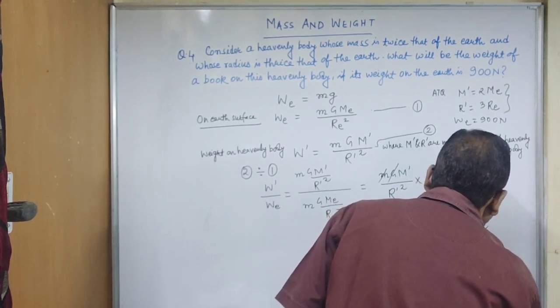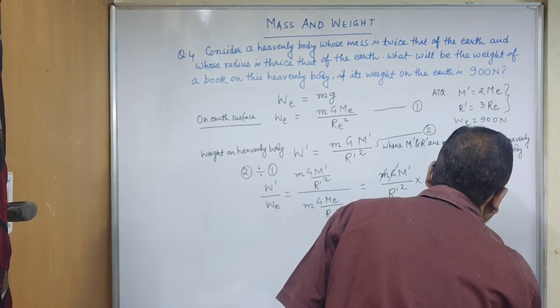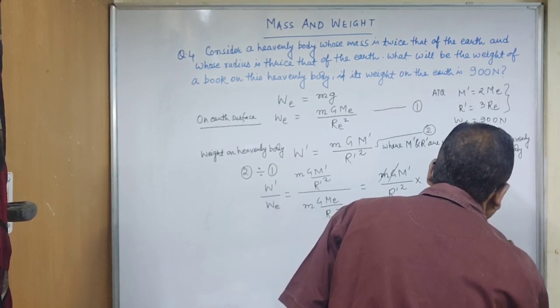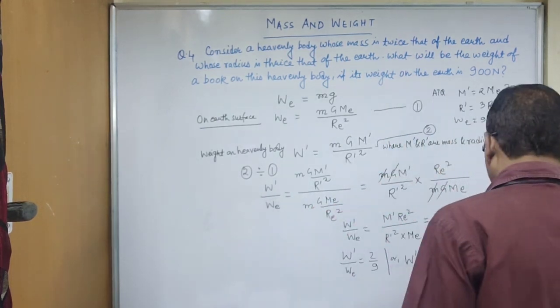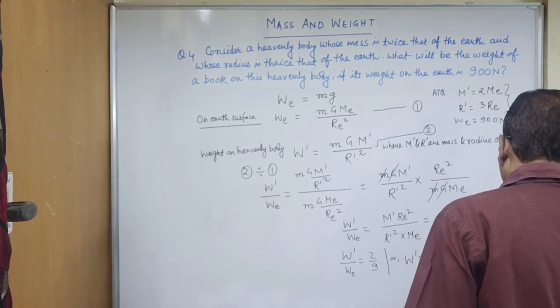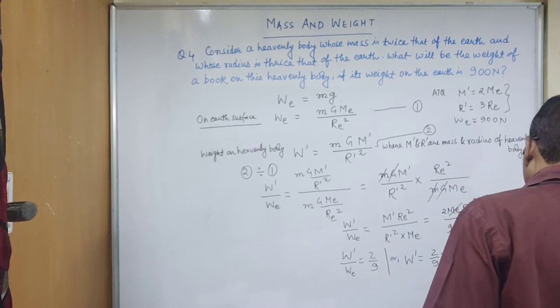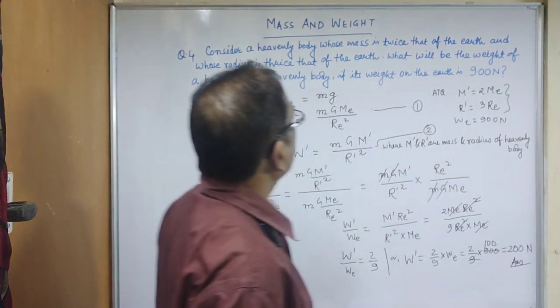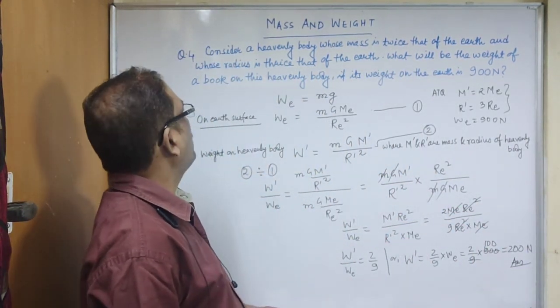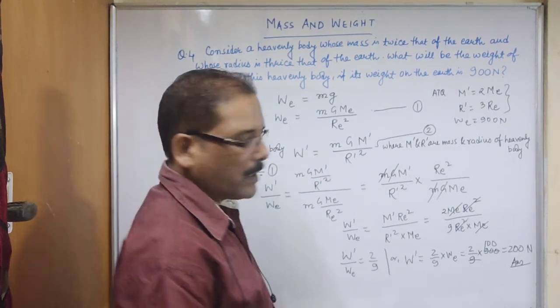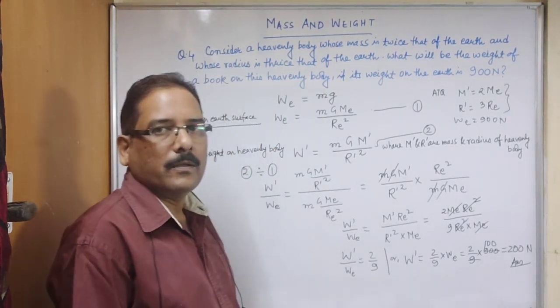So it will be 2 by 9 into 900. If we simplify, it will be 200 Newton. So the weight of the book on the heavenly body will be 200 Newton.